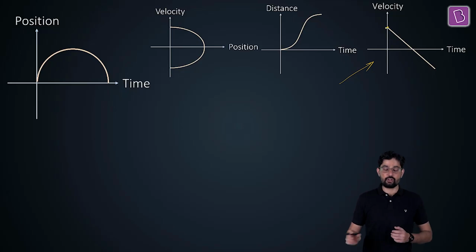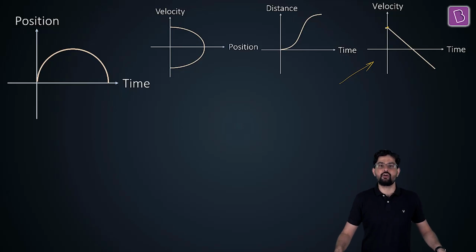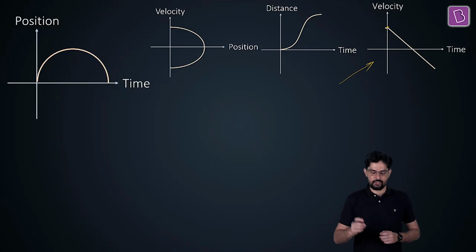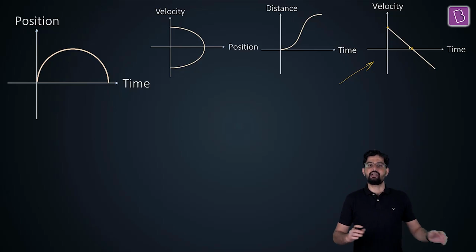And can you see that the velocity is decreasing at a constant rate with time, which suggests that the particle is experiencing constant retardation throughout its motion, right? The slope of this curve is negative and constant. And at this moment, the instantaneous velocity of the particle becomes 0. After that, the particle turns back and starts to move towards the origin, right?